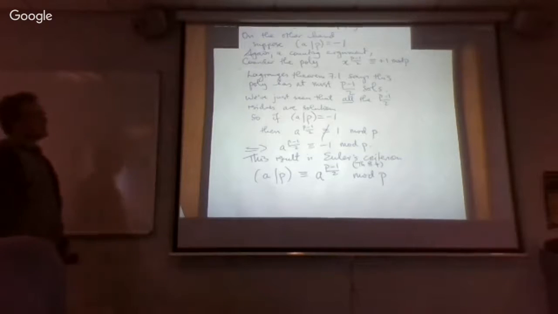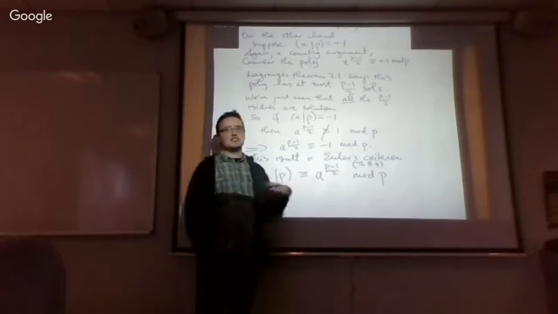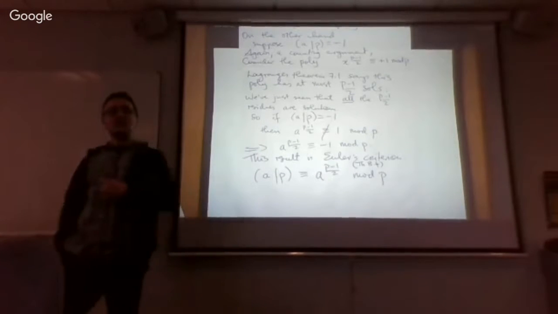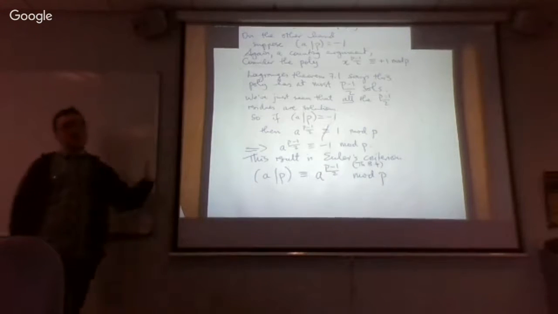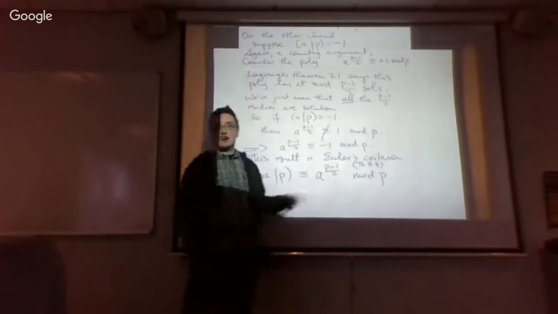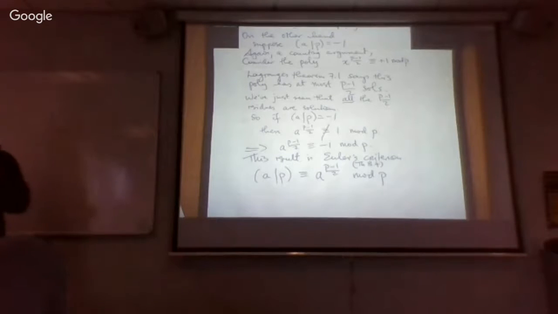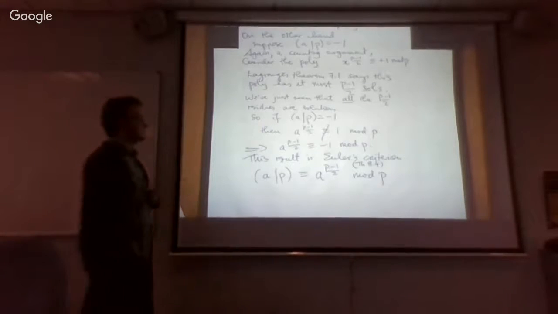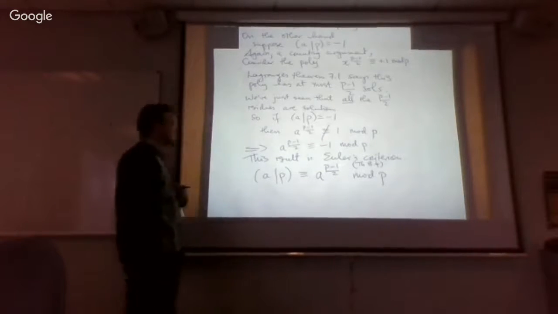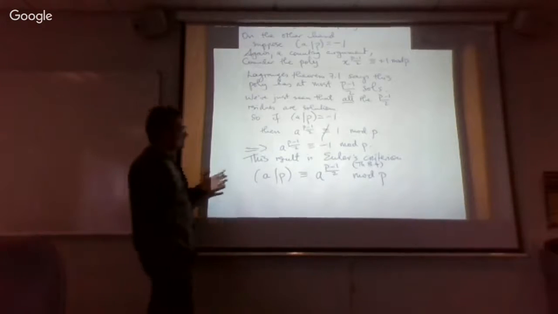However, this still has the drawback that this formula, while it gives you the answer, is going to become increasingly hard to evaluate as the primes get larger and larger, since this exponent is going to get larger and larger. So you start to run into computational difficulty with evaluating this. And also, it's only one view on it.